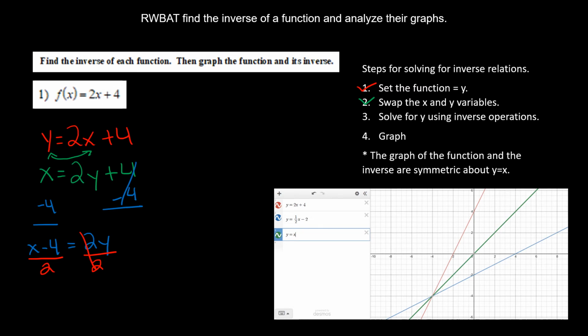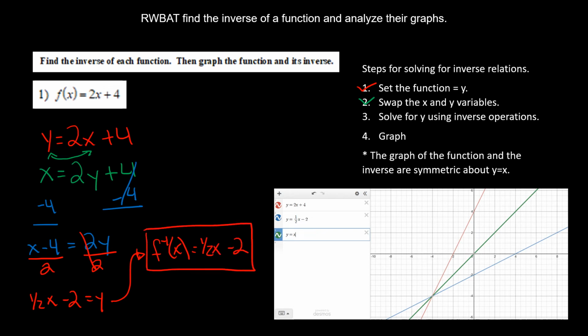This simplifies out. We can see this as 1/2 x minus 2 equals y. Essentially, this should be written as f inverse of x is equal to 1/2 x minus 2. And this is your function.